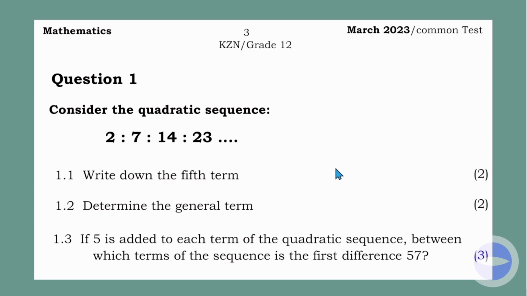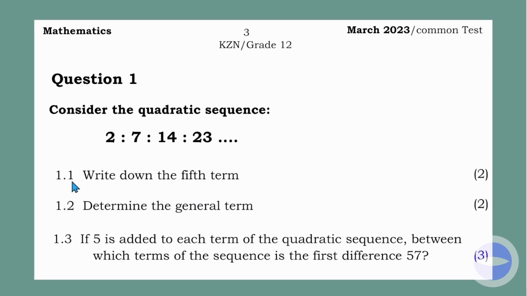A quadratic sequence is a sequence of numbers in which the second difference between consecutive terms is constant. So this one has first differences and second differences. This is something that we must know about this sequence.